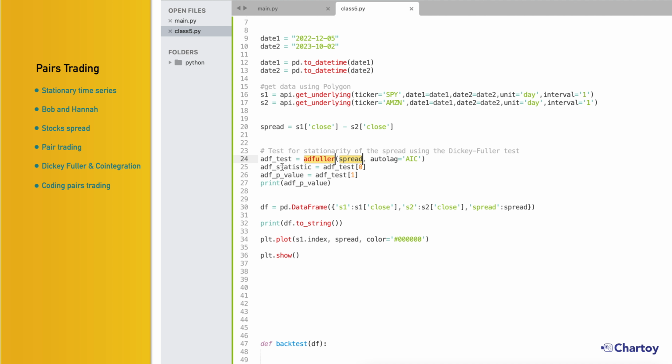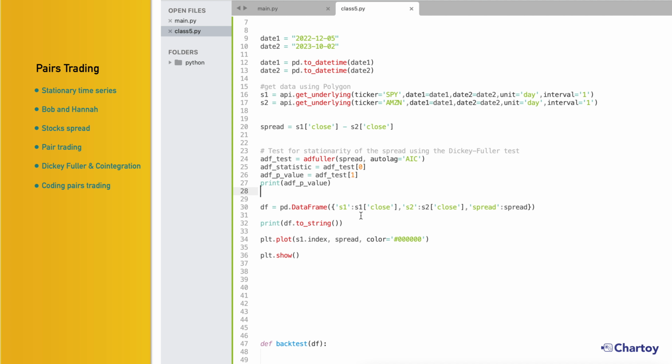So the ADF test will hold the test results. ADF statistic at 0, and it will have a set of results, and we are interested in the p-value. This is the value that tells us if the spread is actually stationary or not. We want it to be smaller than 0.05.